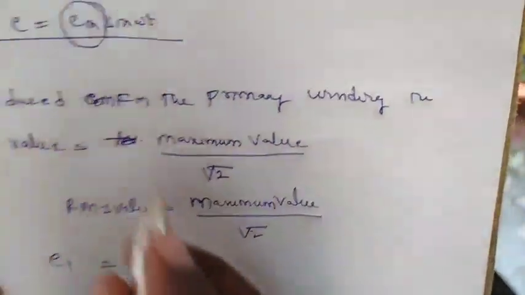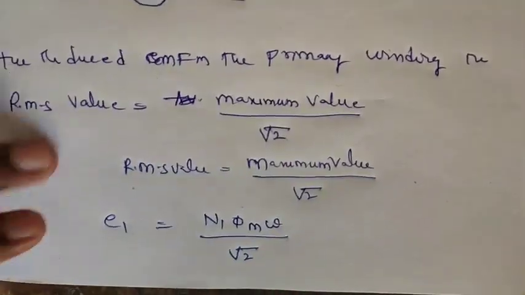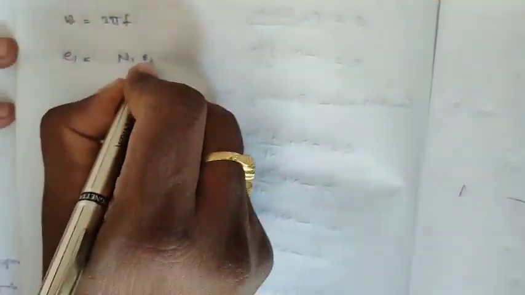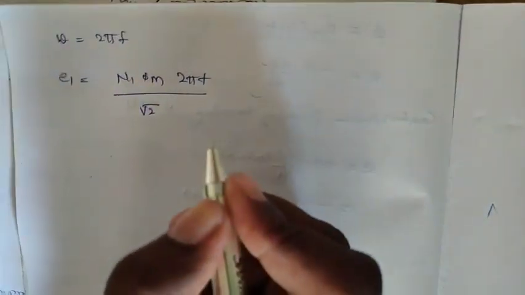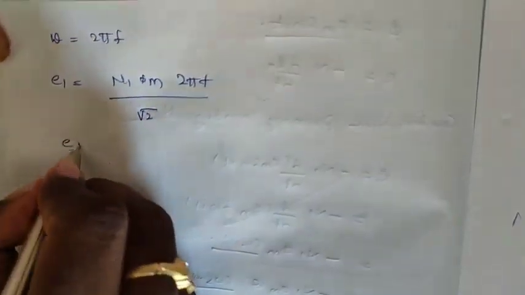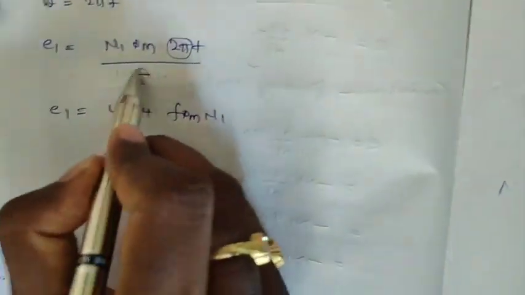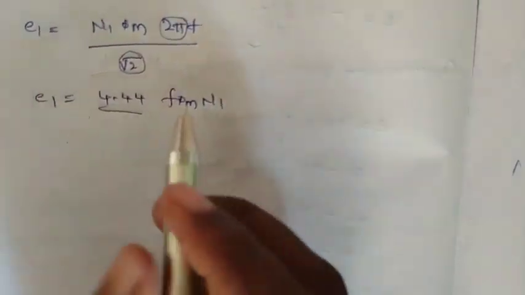So E1 equals N1 Φm omega divided by root 2. Omega equals 2 pi f. Substituting, E1 equals N1 Φm 2 pi f divided by root 2. This is E1 equals 4.44 f Φm N1, since the value of 2 pi divided by root 2 equals 4.44.